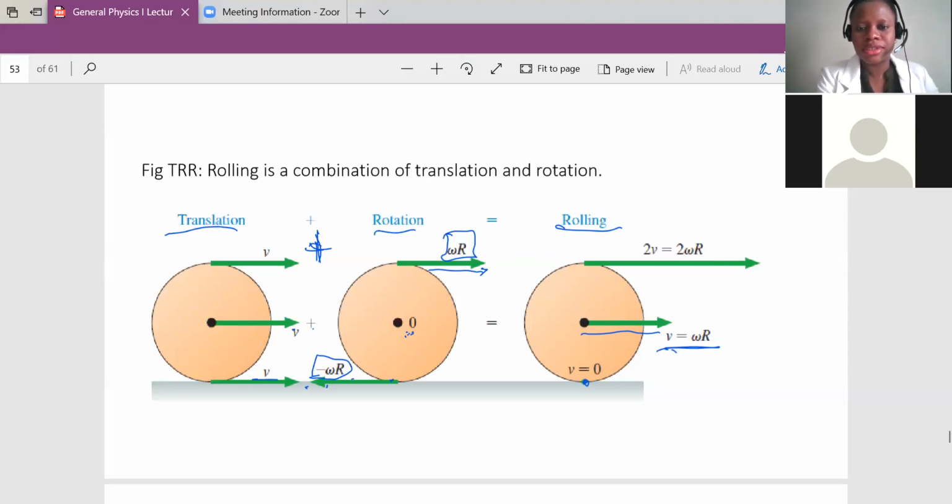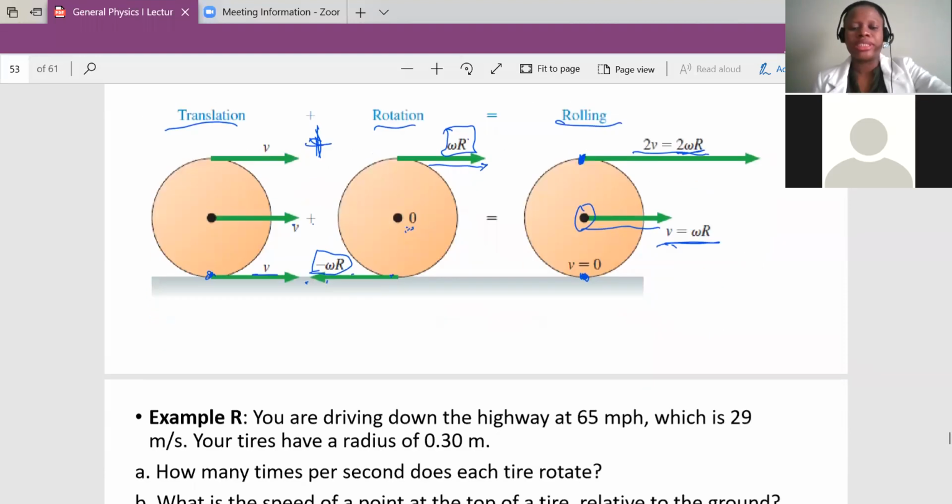So V added to this will give us the length 2V, which is 2 omega R. So whenever the point is resting at the base, we have the initial V, which once it starts translating or rolling, combines to give us V equal to 0, while the point at the top is going to be double the V. The one at the middle remains constant. Okay, this is important because we'll be applying it to the example we'll be seeing now.